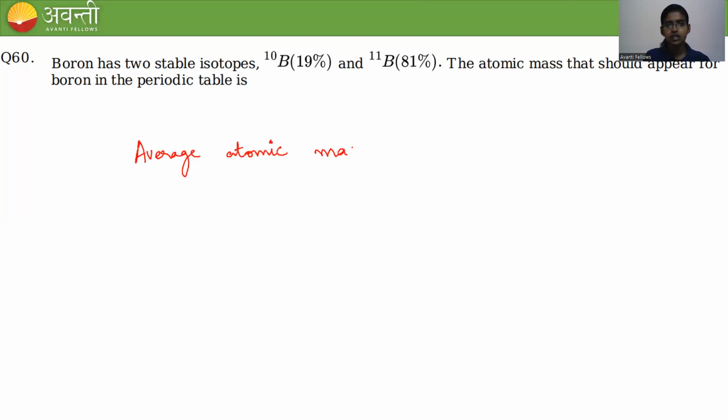It is equal to the mass of the first isotope into the percentage of that isotope plus the mass of the second isotope into its composition, divided by 100.